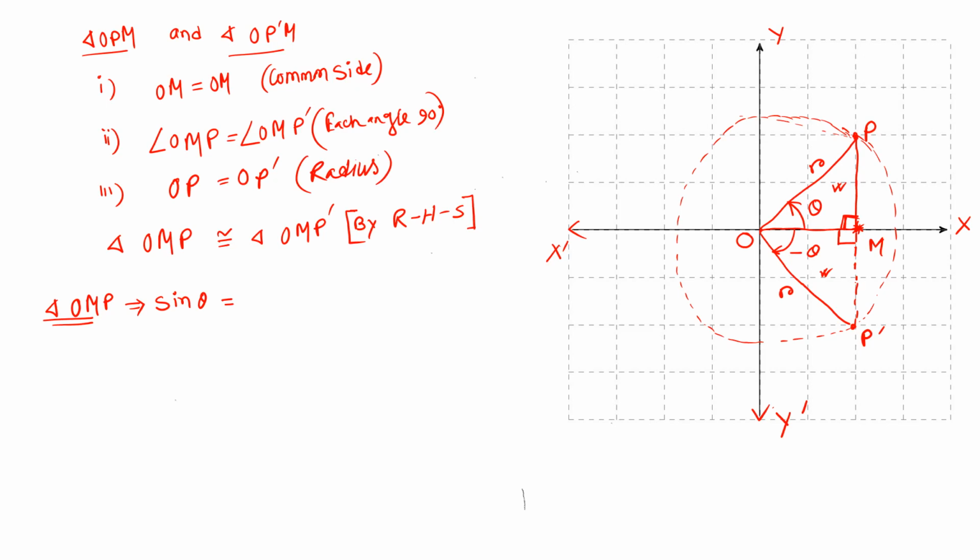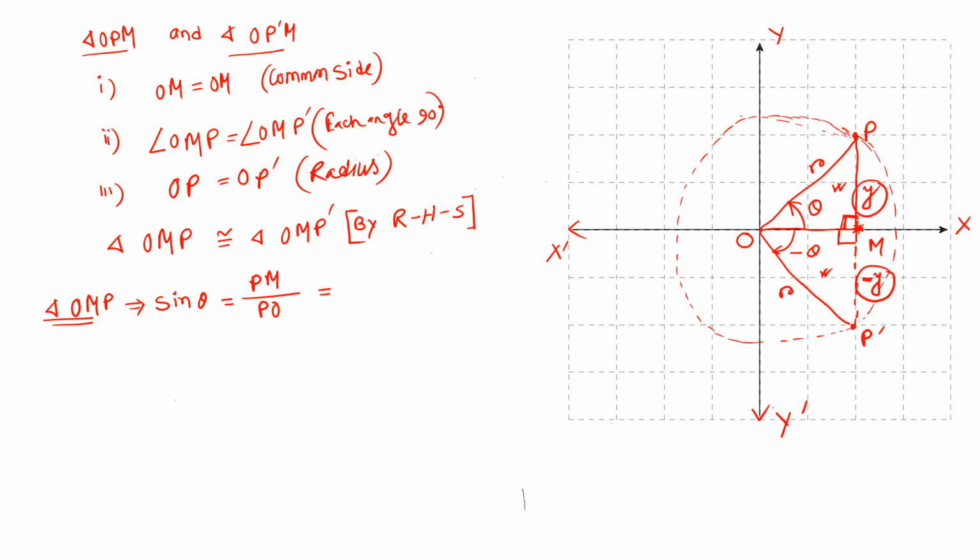So here the height is PM and the hypotenuse is PO. If I consider this is positive y, then this one will definitely be minus y, yes or no? This is negative y, definitely, because it is on the negative side, and this is positive y.